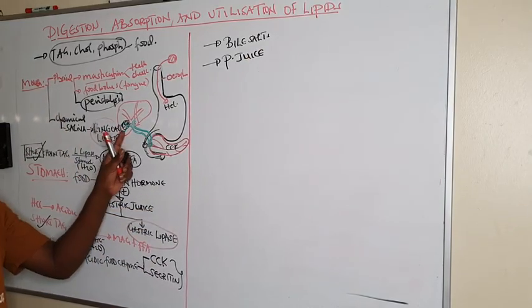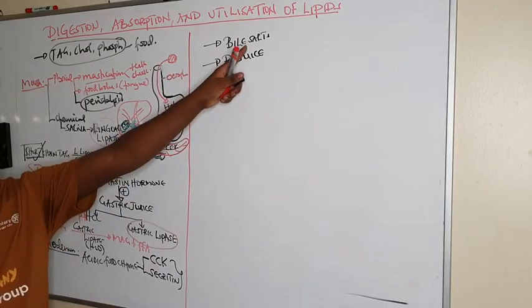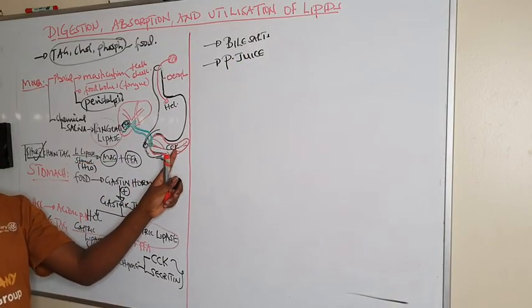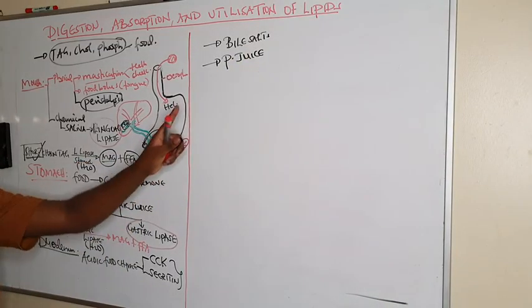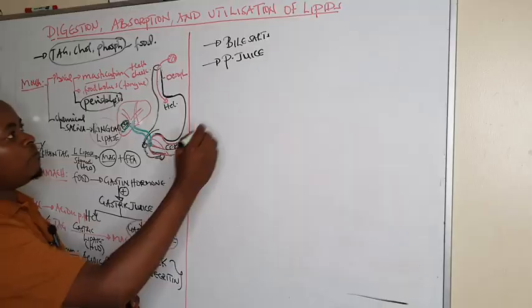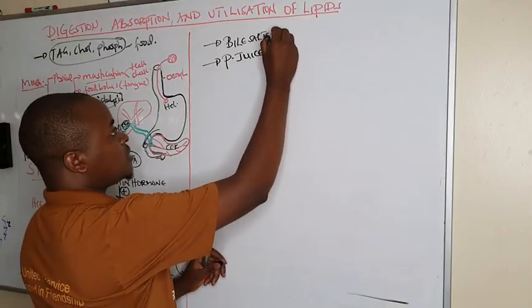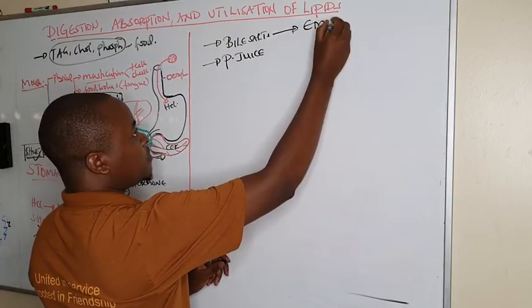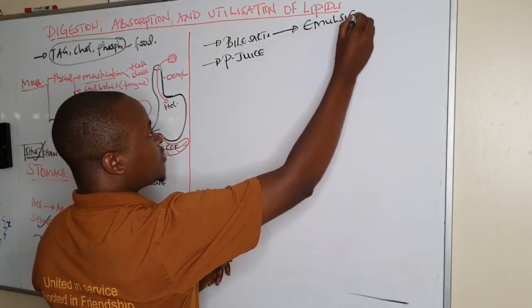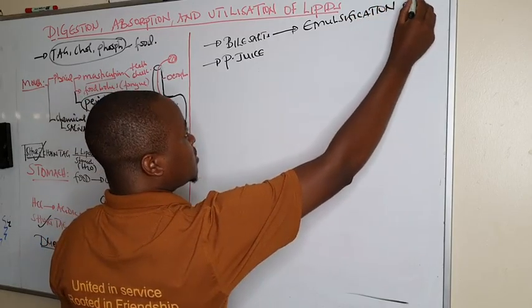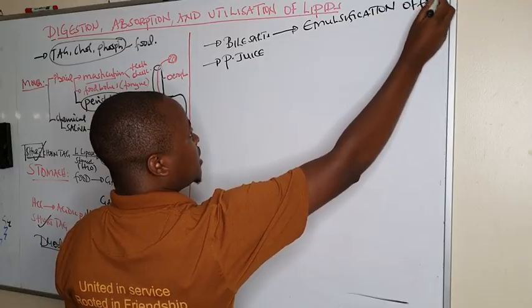They go to the gallbladder, triggering production of bile containing bile salts, and also they go to the pancreas, triggering production of pancreatic juice. And this bile salt, its role is enabling emulsification. It is responsible for emulsification of fats. How does it do it?